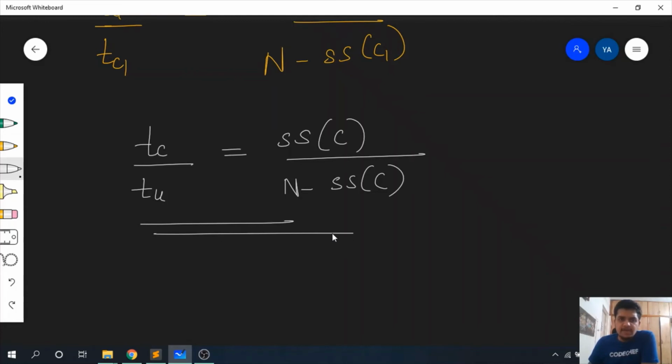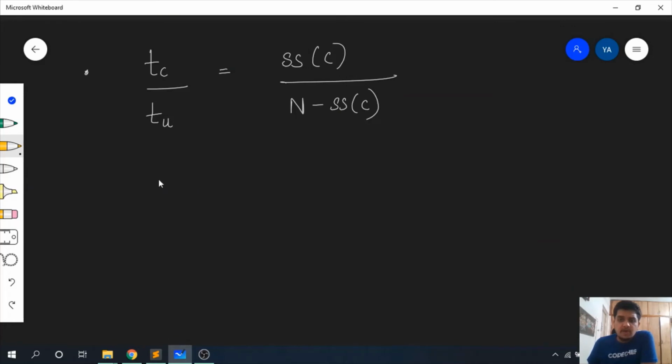So this is the final relation that we get between tc and tu, and you will soon see how useful this is in the further case. Here Tc is the number of topological orderings for a child of the node U, right?